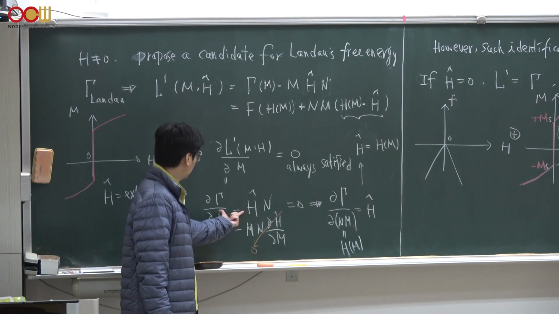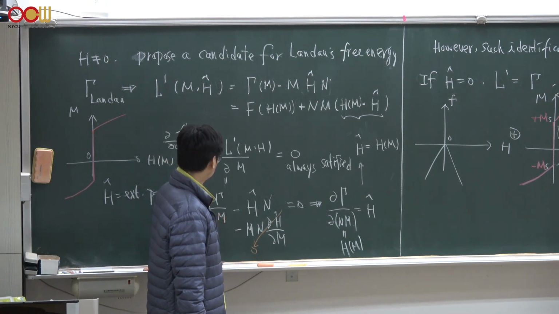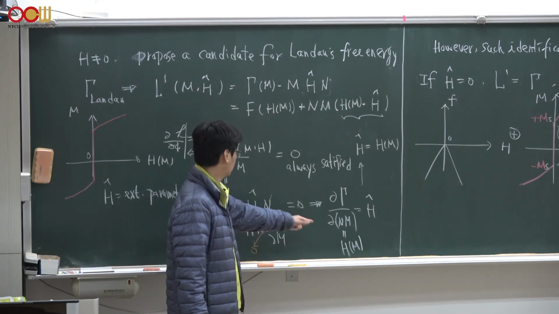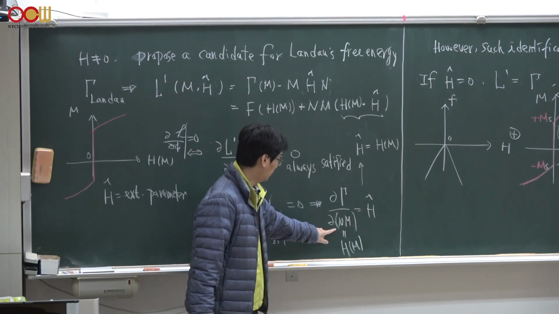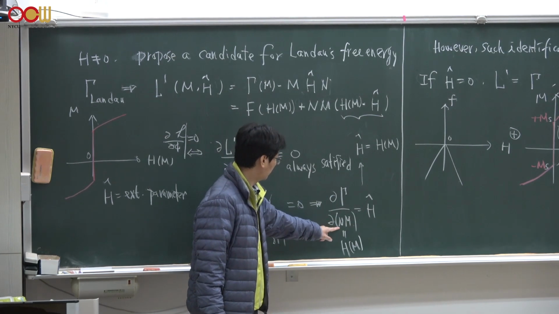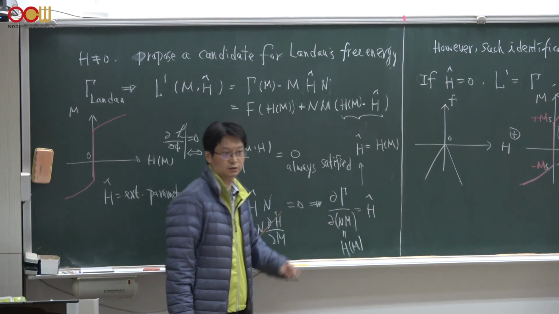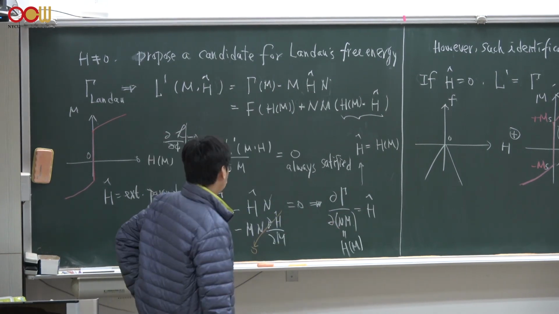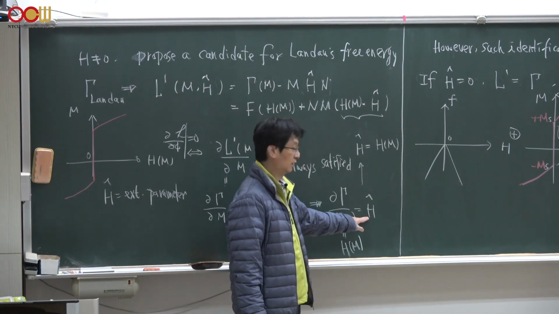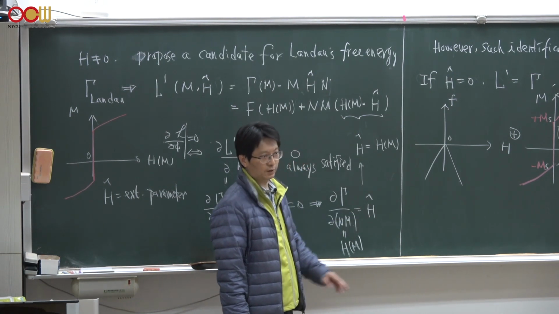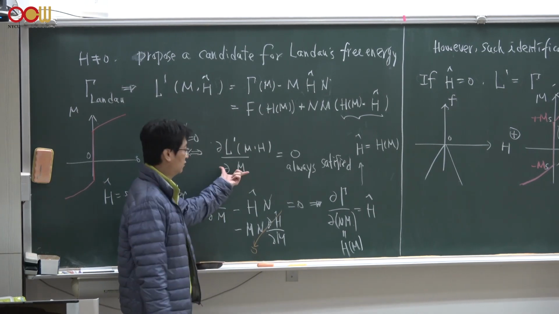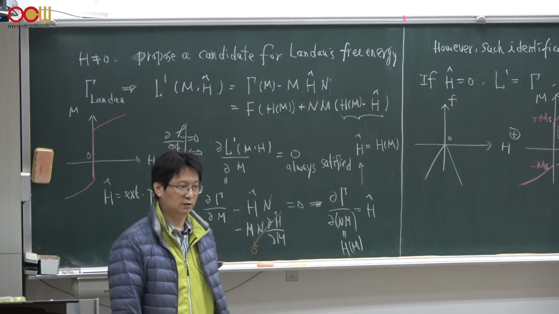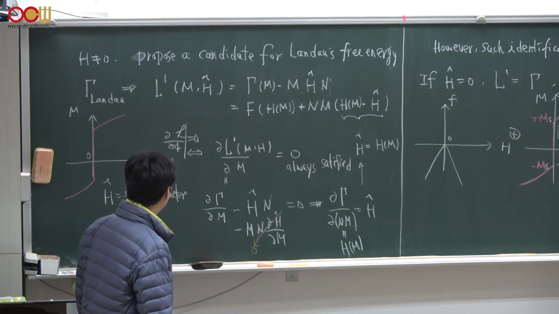So you end up with this simple relation that partial Gibbs free energy partial m is the same as h hat, but you know that partial Gibbs free energy partial m is actually the same as the external magnetic field, and that external field is the same as h hat. So suppose I choose h hat as the external magnetic field, and I can always satisfy Landau's equation for the order parameter phi.